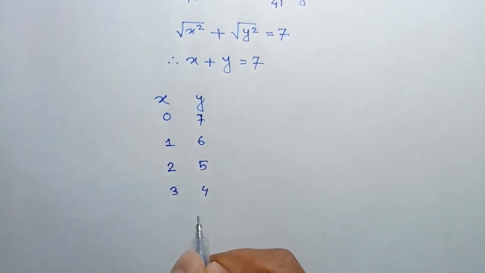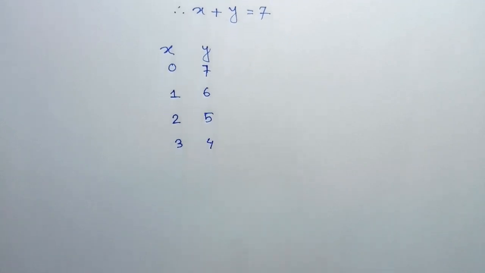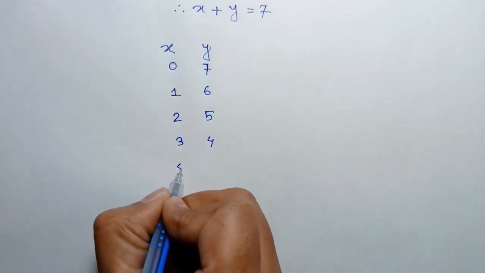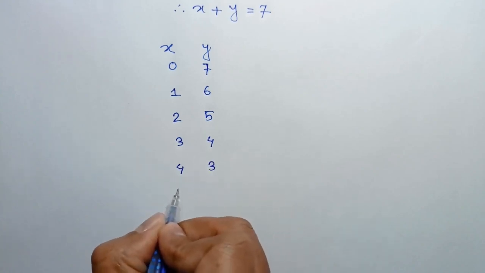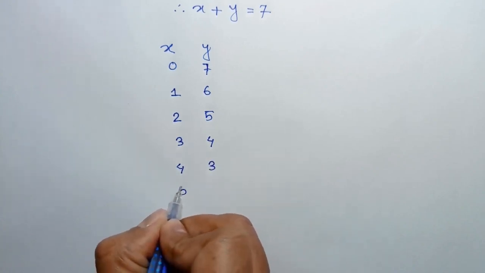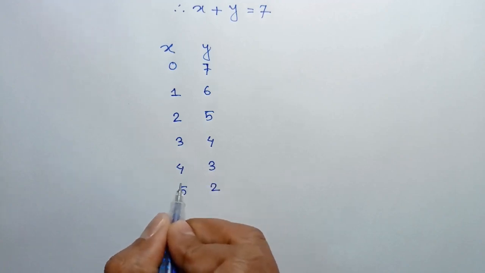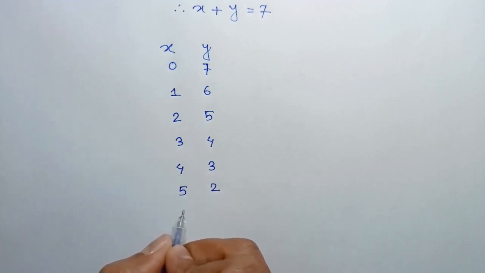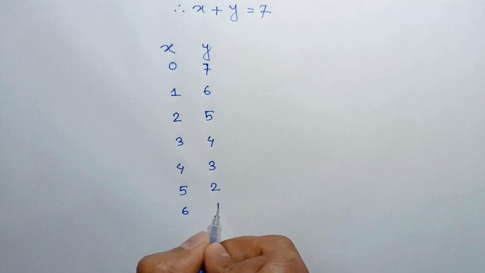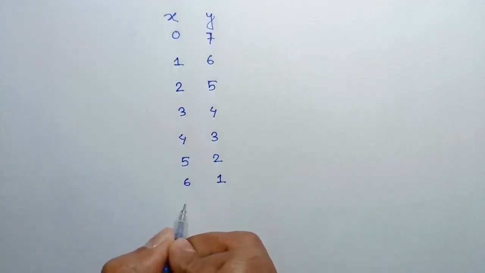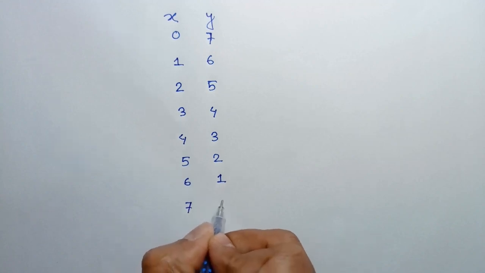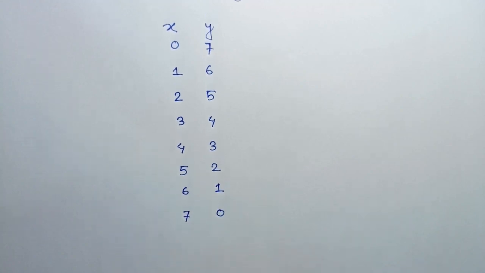This 3 plus 4 is equal to 7, and when x is equal to 4, then y will be 3, and when x is 5, y will be 2. When x is 6, then y will be 1, and finally when x is 7, then y will be 0.